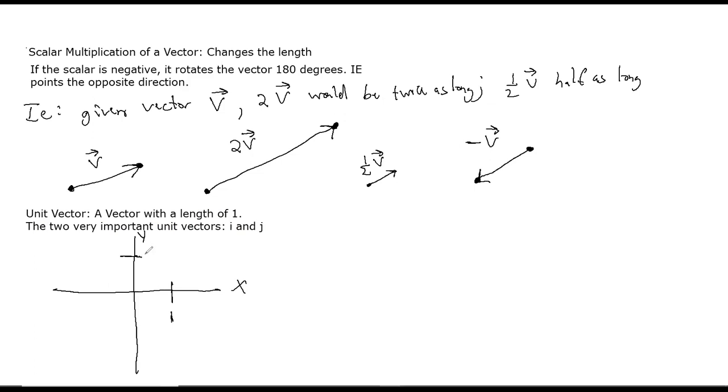So that's 1 on the x-axis, and this is 1 on the y-axis. And in red, I'm going to have an initial point at the origin, and I'm going to have a terminal point right there at (1, 0).